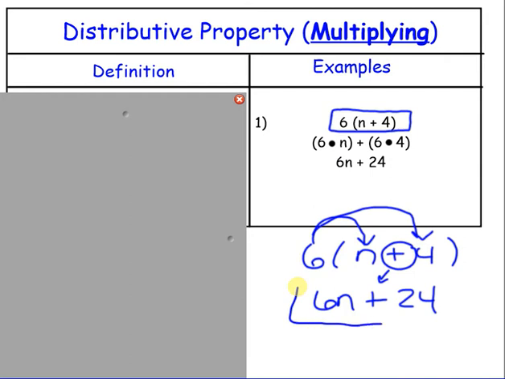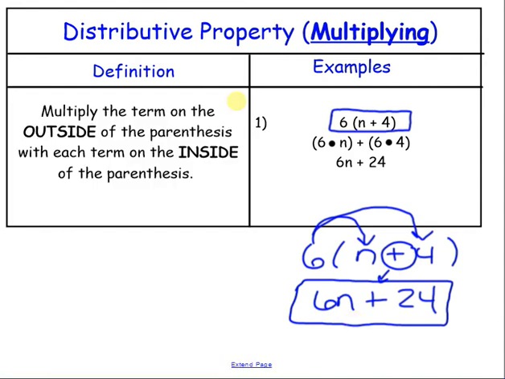And so I have distributed, I have passed out the number on the outside, which gives me 6n plus 24. And again, when we see the letters being multiplied to the numbers, we're going to talk about that more on Thursday. So the definition is multiply the term on the outside of the parentheses with each term on the inside of the parentheses.